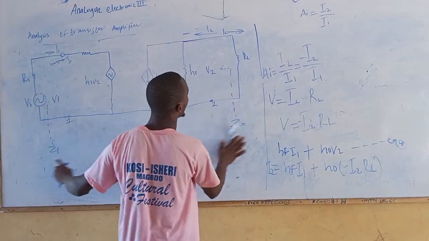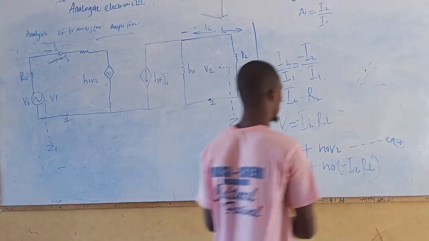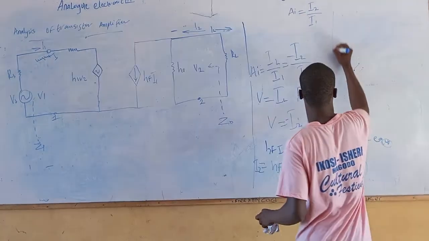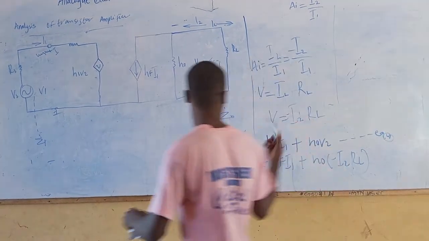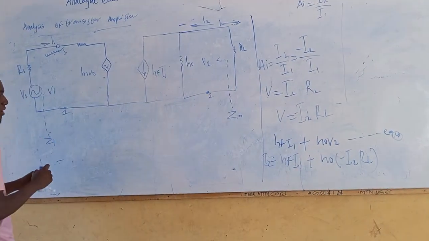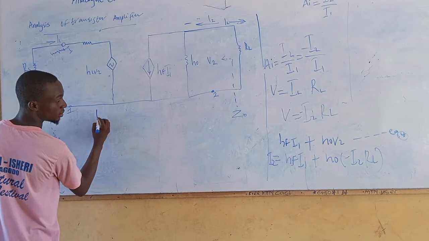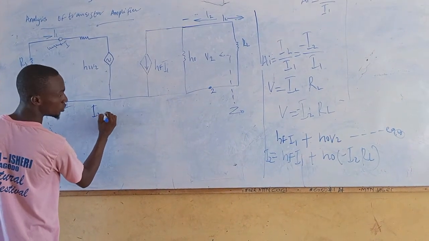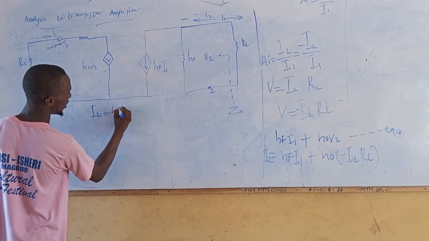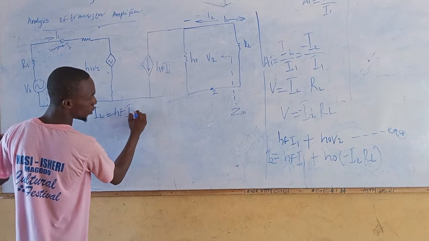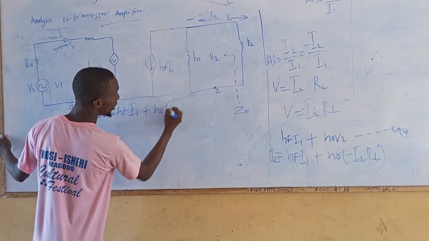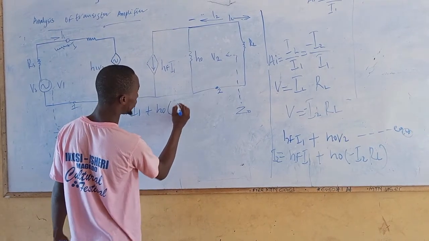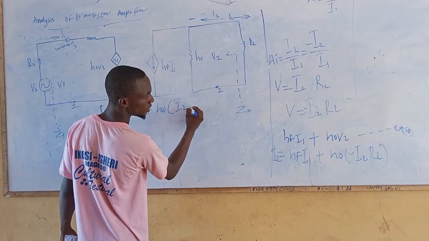I don't want us to waste too much space in solving this, so let us come to the side. I don't want to obstruct the view. So in this case, we have I2 equal to HF I1 plus HO bracket. I told us to keep that minus before, so we won't get confused.